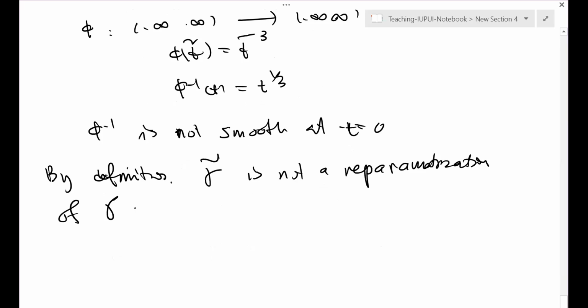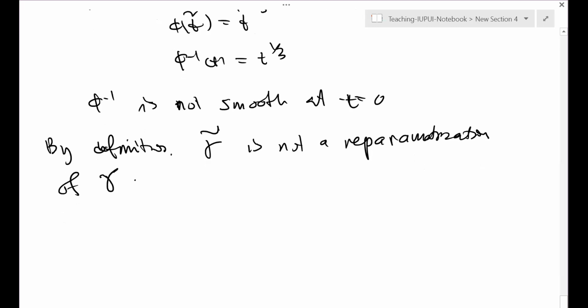Honestly, gamma is a better parametrization for the parabola. So two parametrizations may be given for the same curve.